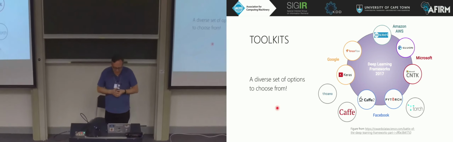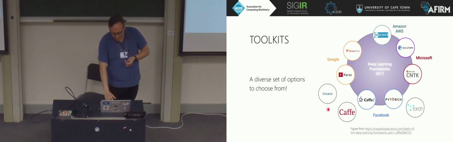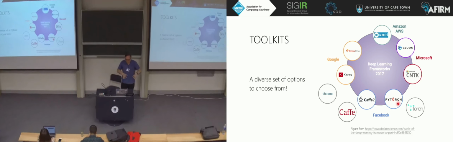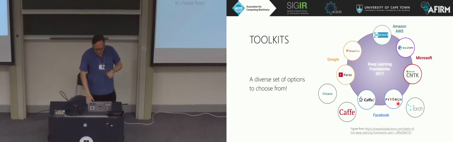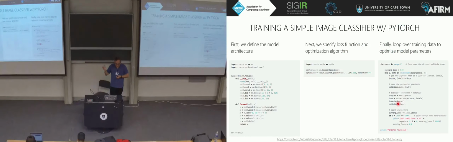This is a slightly old slide listing a bunch of different toolkits, but a key one to look at is PyTorch. That's become quite important in research, and we even use it in the product as well. So all of this stuff I just showed you about how you put together a network, you could do in PyTorch. This is some example code.